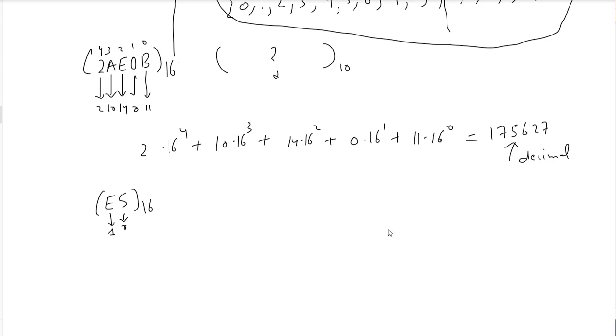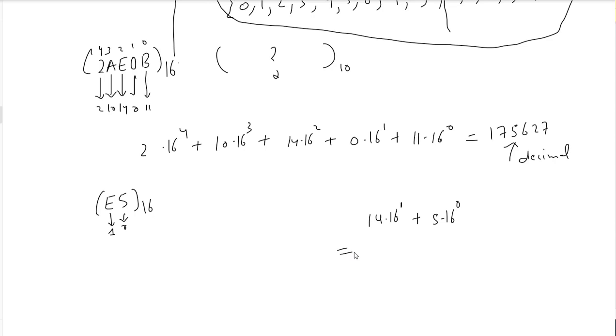So in its decimal format, it will be equal to 5 times 16 to the power of 0 plus E, which is 14 in its decimal format, times 16 to the power of 1.